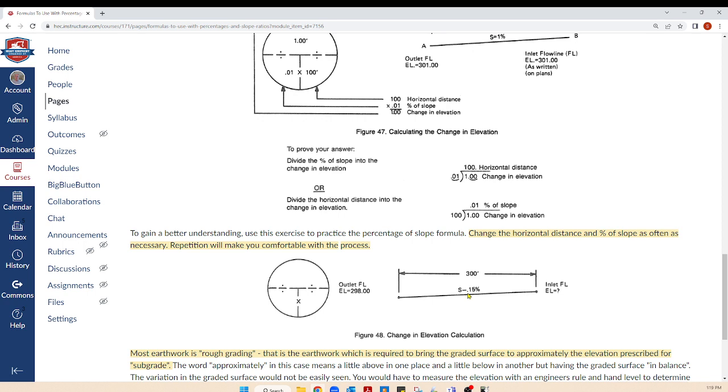0.0015 times 300. That gives me a vertical of 0.45, but it doesn't give us an answer.